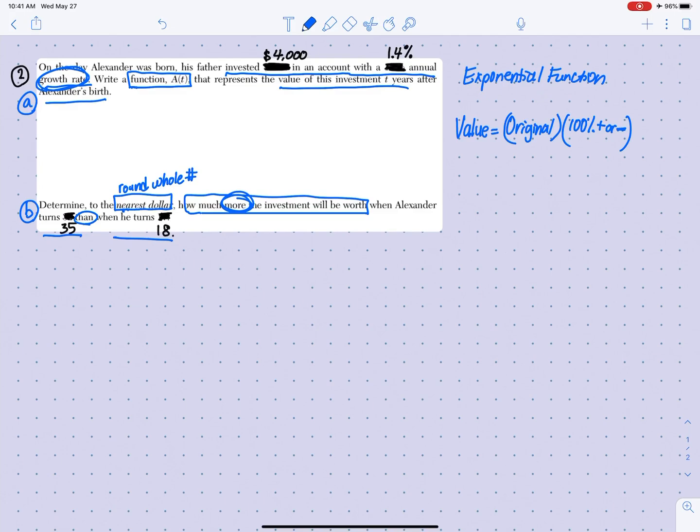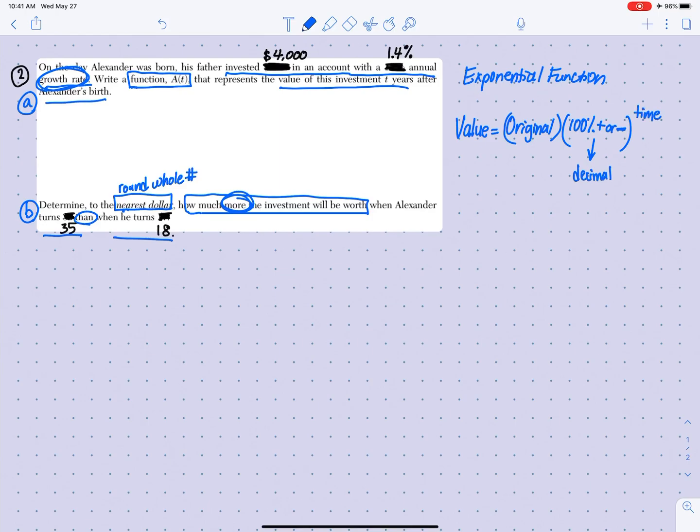It depends on the problem. In this problem, we're going to do plus because we're talking about growth. If the problem were to talk about decay or decrease, that would be minus. So you would do 100% plus whatever percent they gave us, or 100% minus whatever percent they gave us. And this number has to be in decimal format. And the exponent would be time.